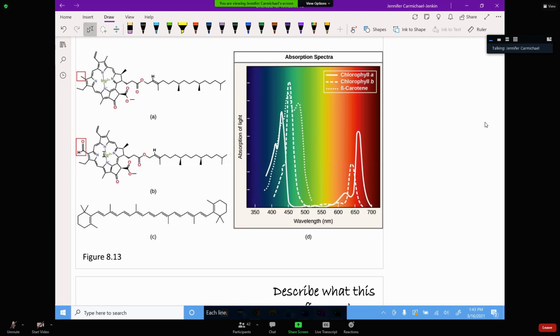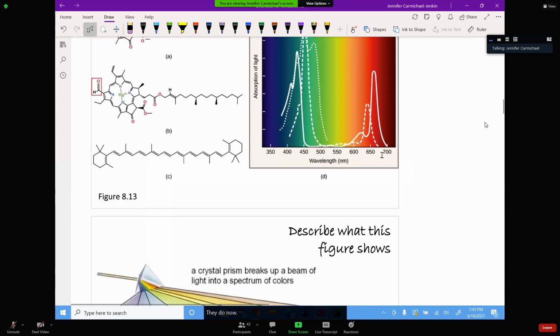Each light absorbing pigment only absorbs light at a certain wavelength. And most of our chlorophylls have an absorption over here in the blue-purple range and the secondary peak over here in the red-orange. So if you have grow lights in your house, they have red spectrums and blue spectrums, or you can turn them both on because that's the color of light that they're using.